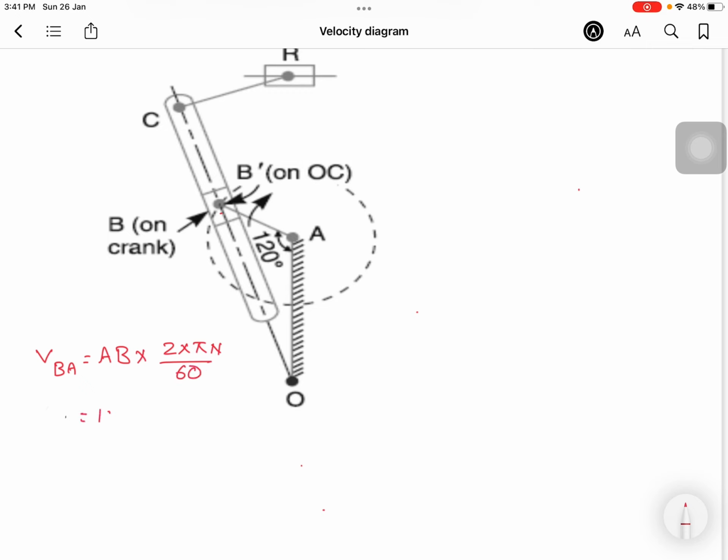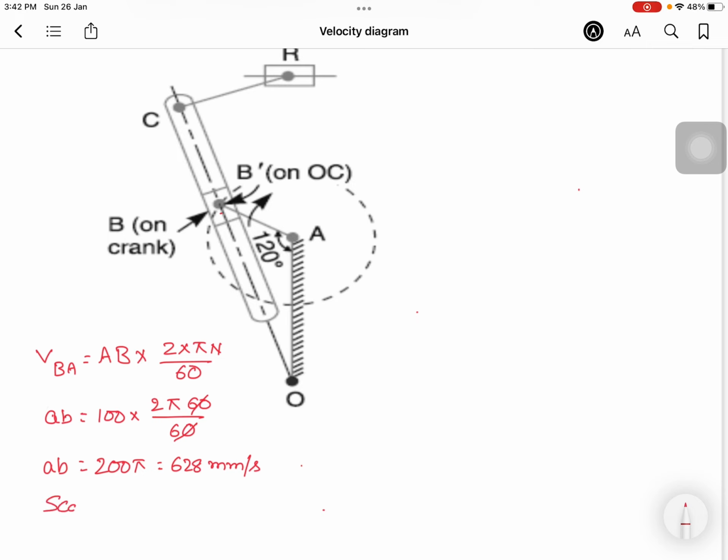AB length is 100 and 2 pi n by 60 with n equal to 60, which is equal to 200 pi. Here it is represented in the velocity diagram as AB. 200 pi is equal to 628 mm per second.